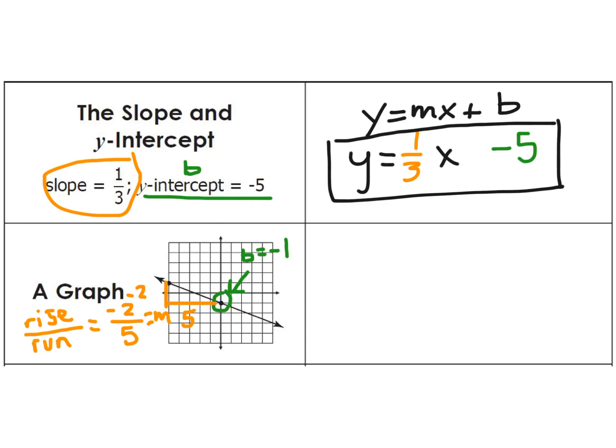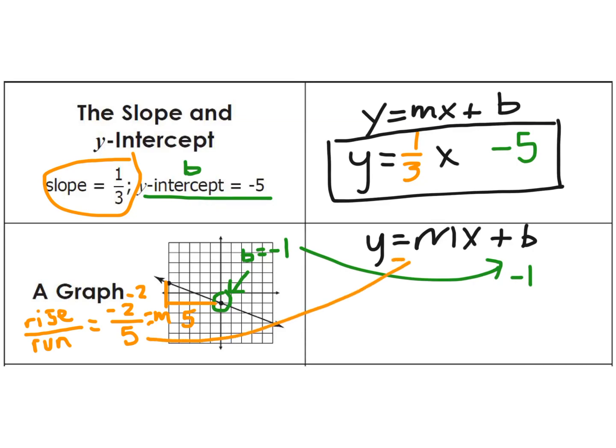Perfect. So now we're going to do what we did for the first problem. So given my y equals mx plus b, I'm going to take my b and plug it in right there. I'm going to take my m, which is -2 over 5, plug it in for the m.